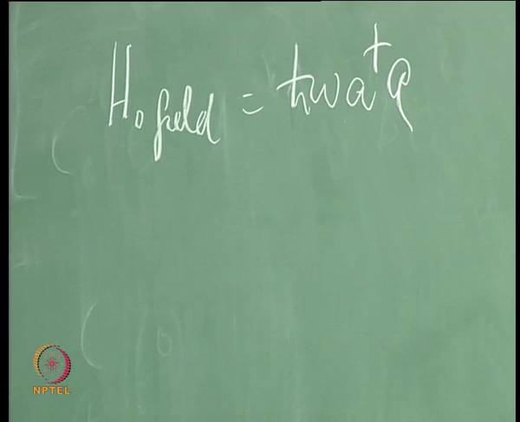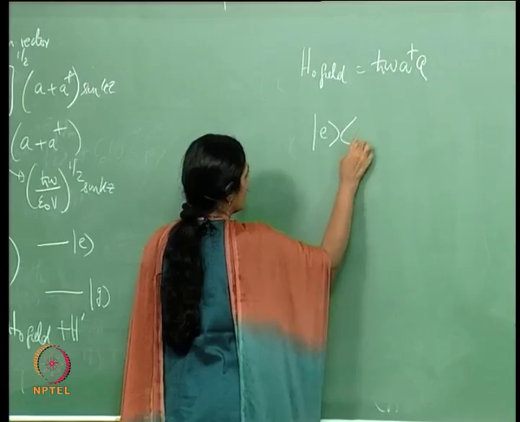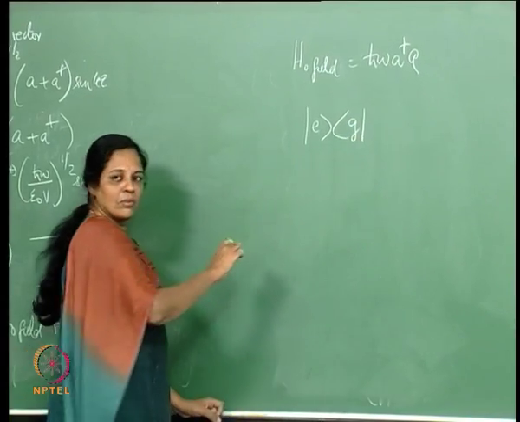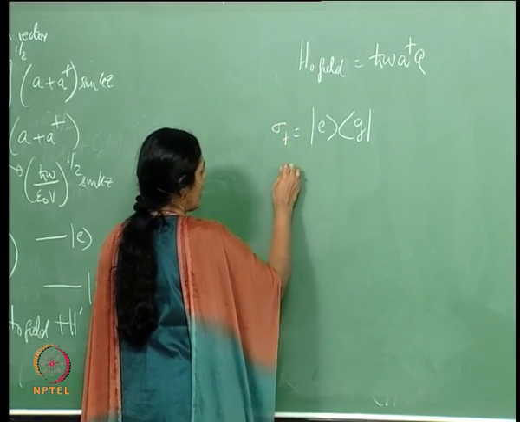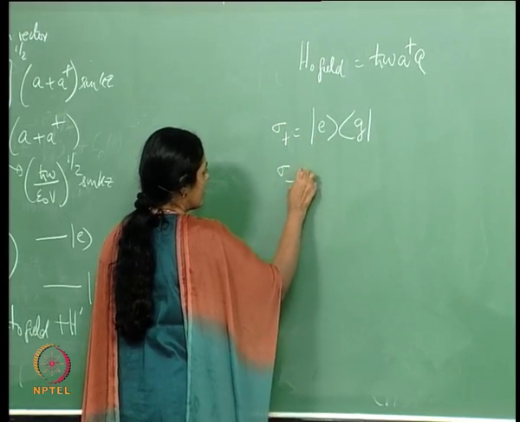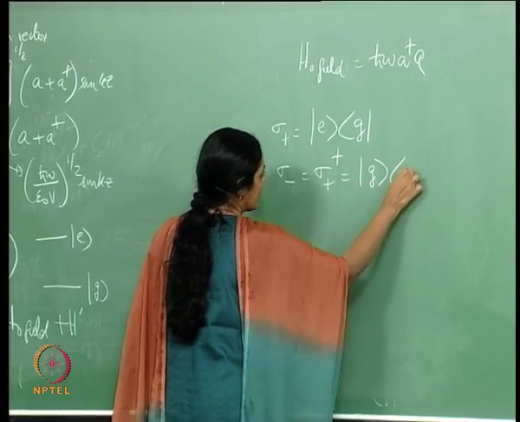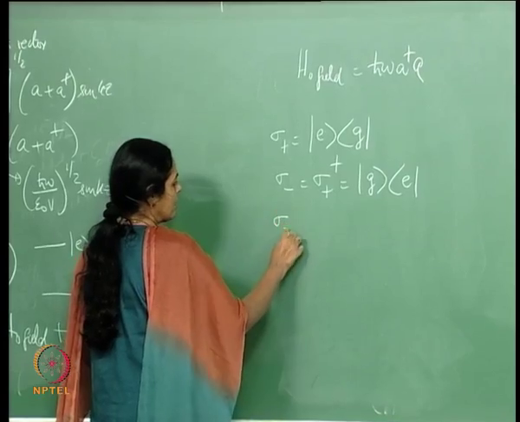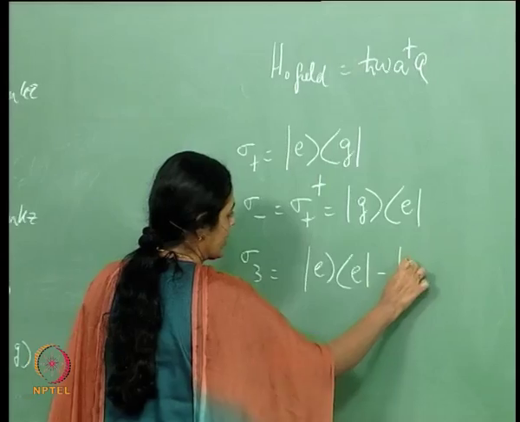Now, as far as the atom is concerned, look at the various operators. Again, from one of my earlier lectures, I defined sigma plus as this operator, sigma minus as sigma plus dagger, and therefore as this operator, and sigma 3 as this difference.